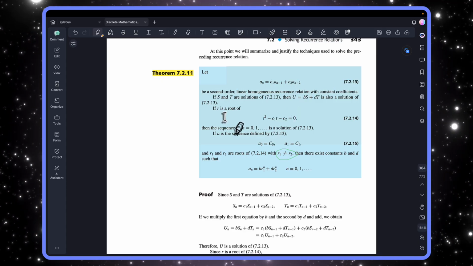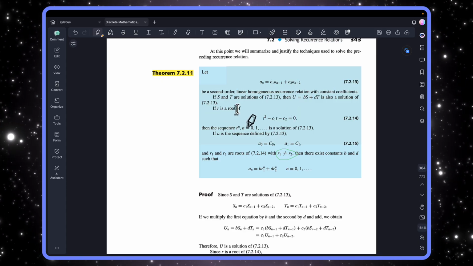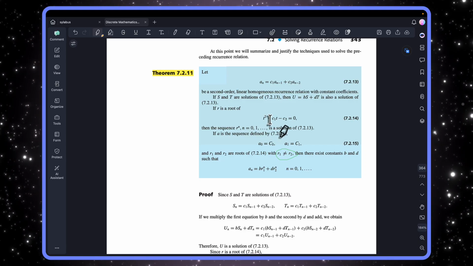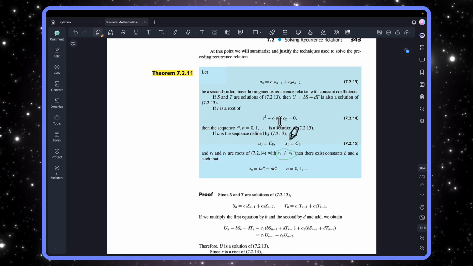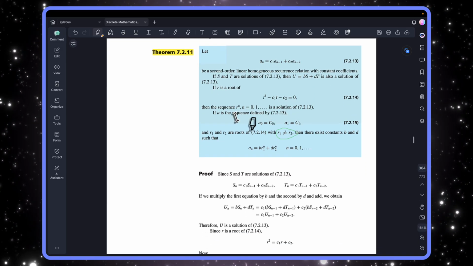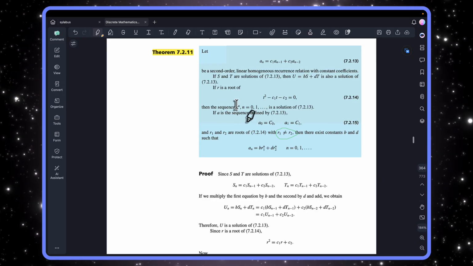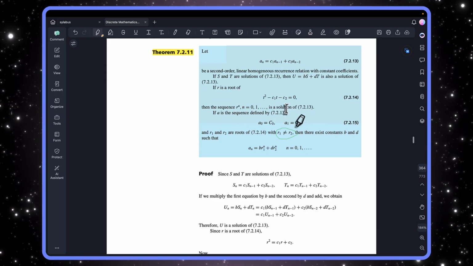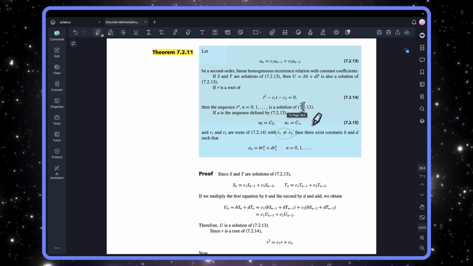In particular, it says if R is a root of this equation, t squared minus c1 t minus c2, then the sequence R to the n, for n equals 0 onward, are also solutions. Isn't that weird?